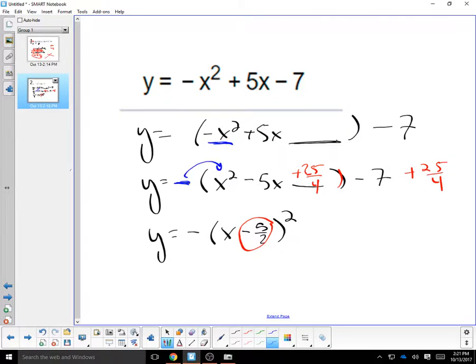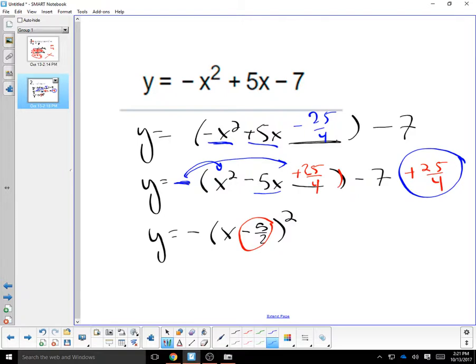If I go negative times negative 5x, I get positive 5x. So once I distribute, doesn't that really give me negative 25/4? So what I really added to the equation was negative 25/4. That's why I added 25/4 to cancel that out.